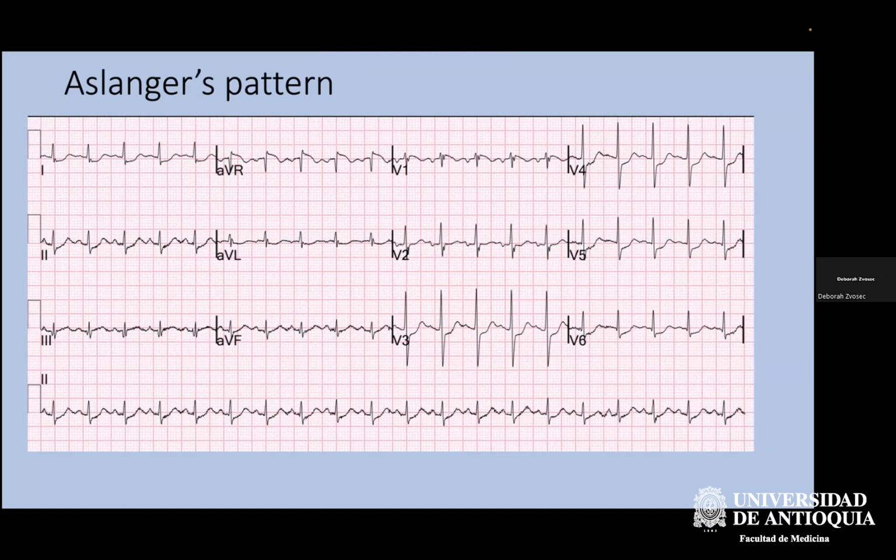So the question here is about the generalization of the algorithm in other types of populations, and we are so interested in contacting you to perform randomized controlled trials. So thank you very much.